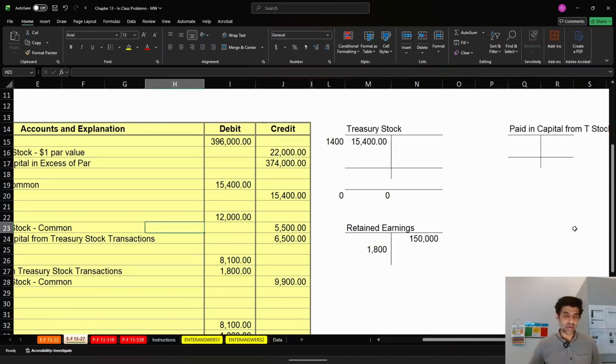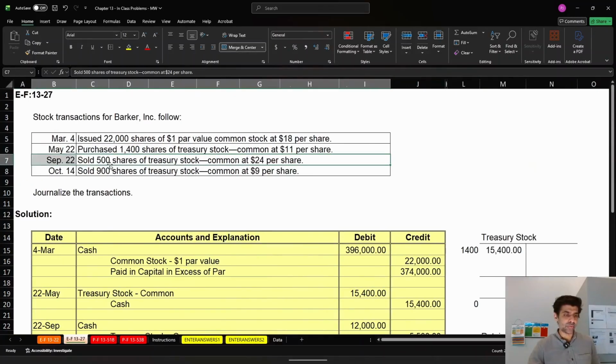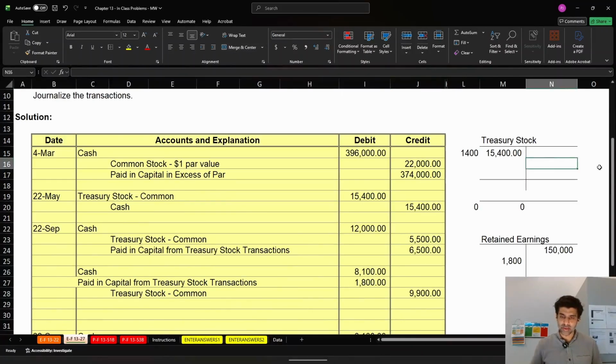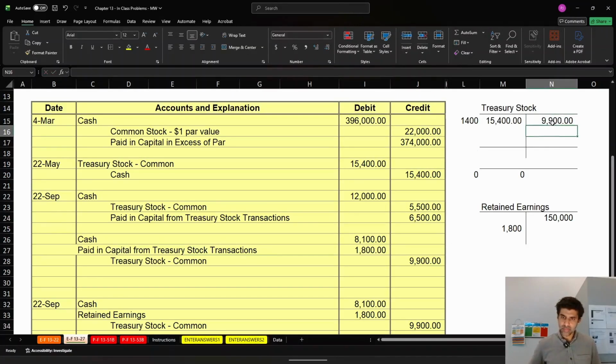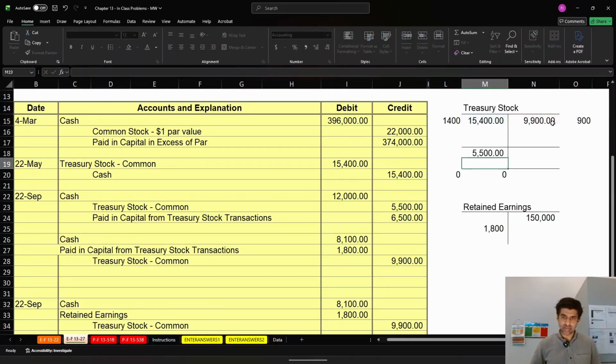Okay. So now we're going to do this other transaction where we sold. Let's just finish this off too. So we did 9,900 and this was for 900 shares. So right now our balance is this minus this, and we have 500 shares left.